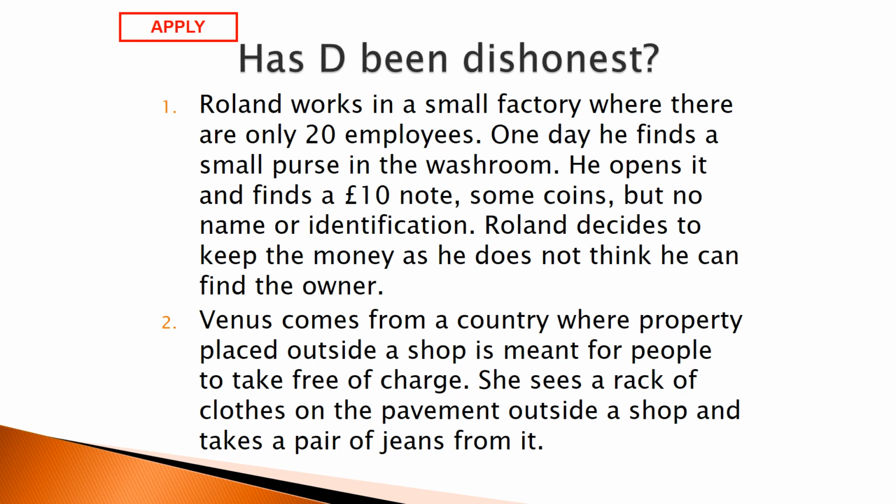So she may be successful because these exceptions are subjective. They're based on what the defendant believed at the time. Less likely for Roland to be successful given that he only works with 20 people, but for Venus, she may actually have more chance of success here by raising sections 21A or 21B.